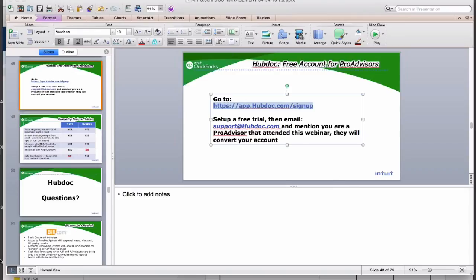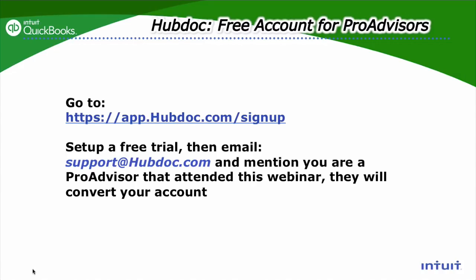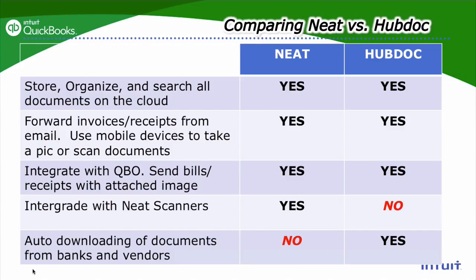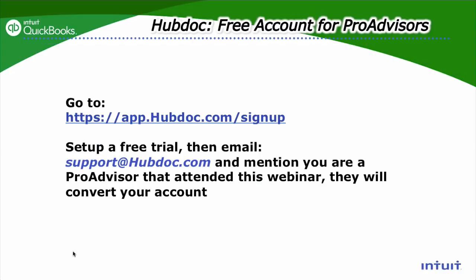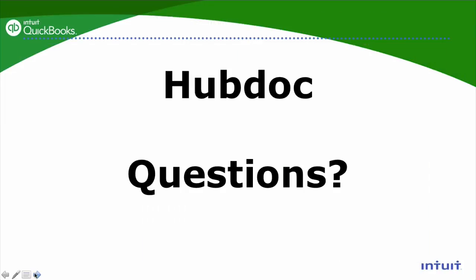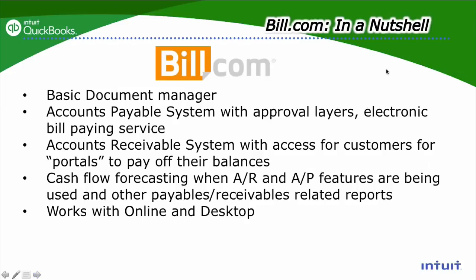So you just go to hubdoc.com and sign up. You actually don't need to have that specific link. If you go to hubdoc.com and sign up, set up a free trial, just make sure you email support@hubdoc.com. Let them know, hey, I'm a pro advisor. I'm a QuickBooks accountant. I want a free account, and you have that free account forever, right? What Hubdoc really wants is for the advisor to love their account and really understand the value, and then have their customers pay the $20 a month.